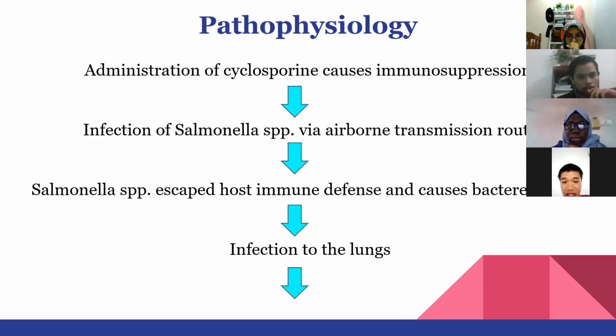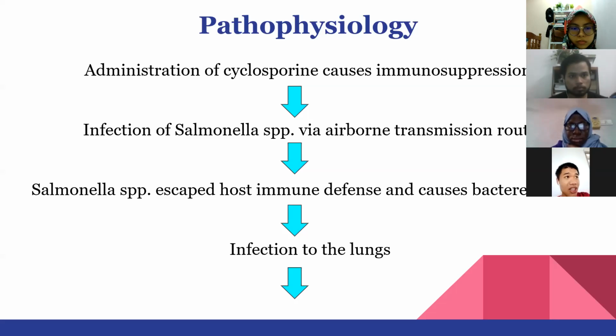Normally, the intestinal tract is protected against Salmonella colonization, and infected cats with normal defense mechanisms will have transient or no clinical symptoms. But in this case, since cyclosporine was administered, it is suspected that it has caused immunosuppression.